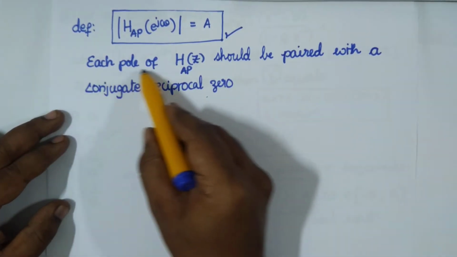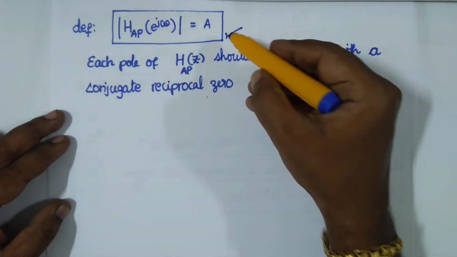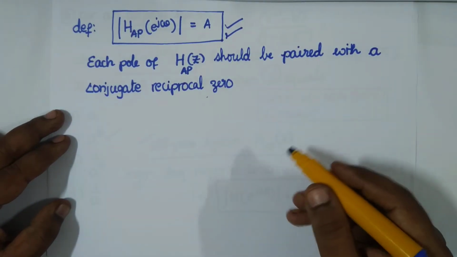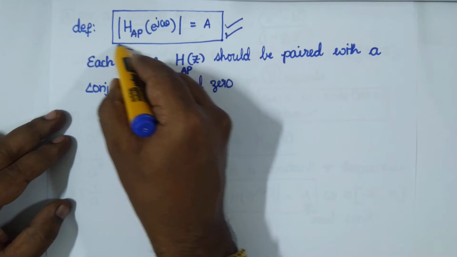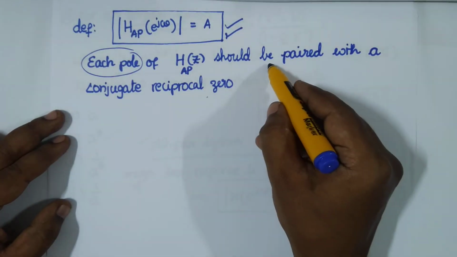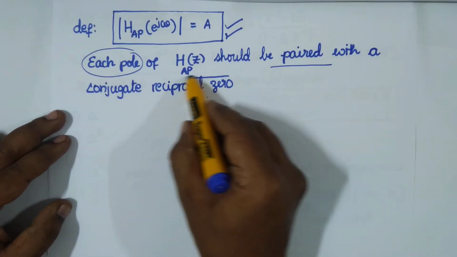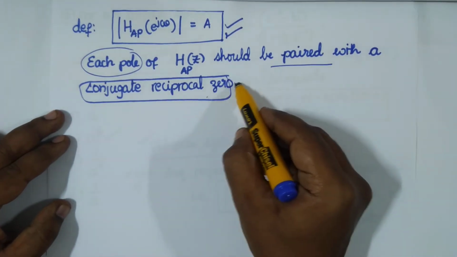If we follow this, definitely we can satisfy this definition. All right. So each pole should be paired with a conjugate reciprocal zero.